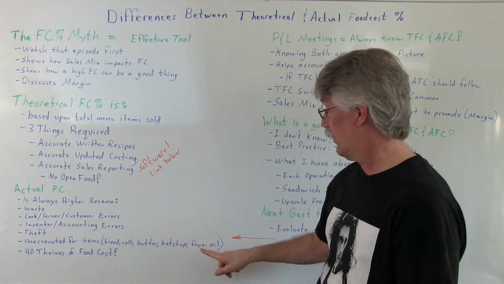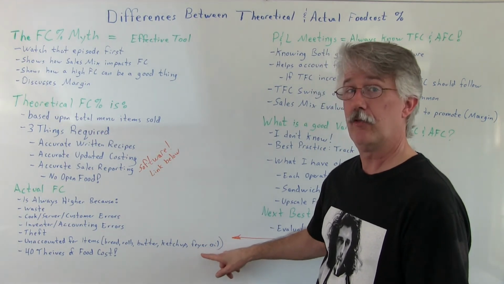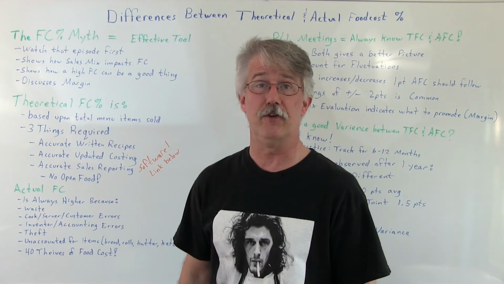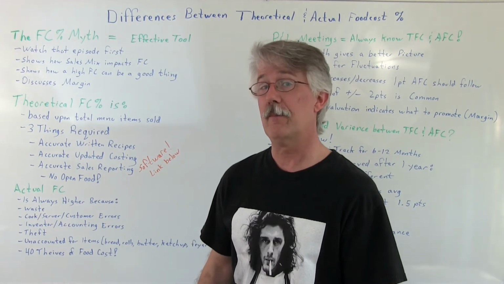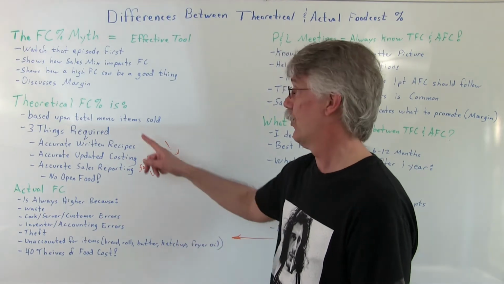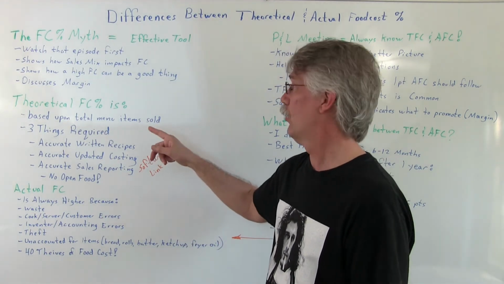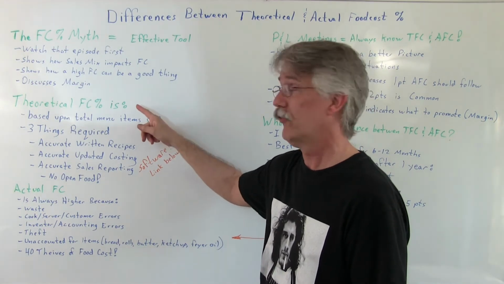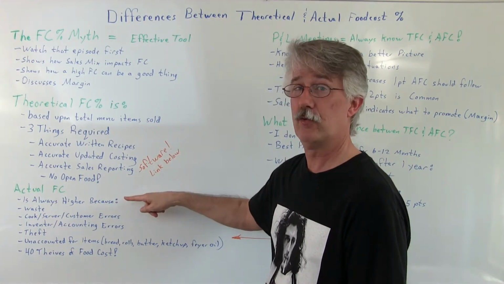And another item is fryer oil. If you go through a lot of fryer oil and that is counted as part of your food cost, then somehow you need that also worked into your food cost or into your recipes, because it will reflect as a discrepancy or a variance between your theoretical food cost and your actual food cost.